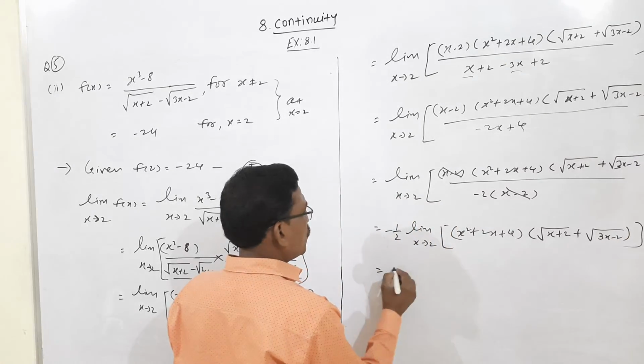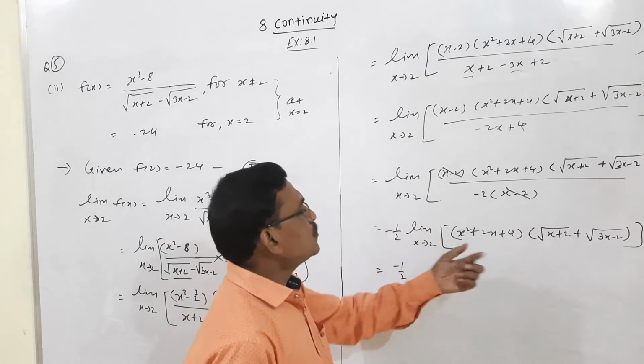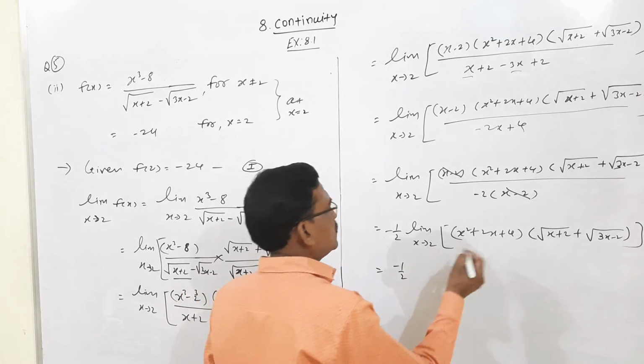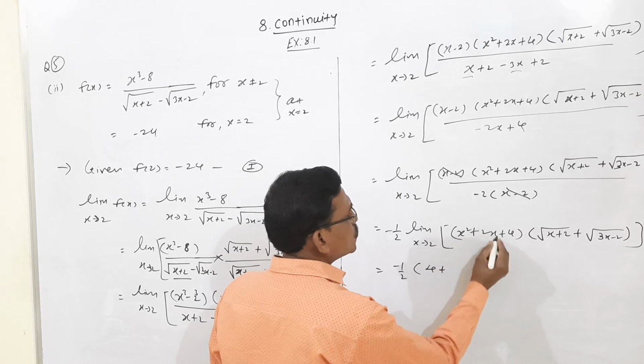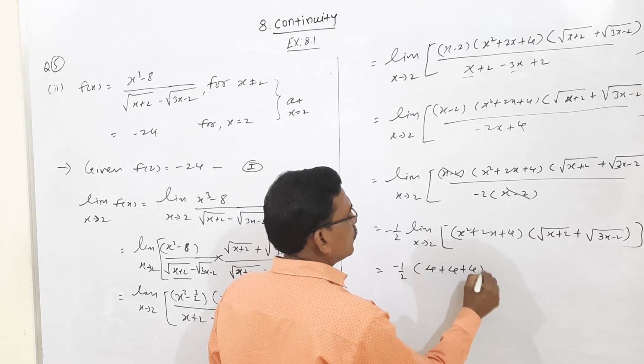And so we apply the limit to the whole function. Directly, 2 square is 4, plus 2 times 2 is 4, plus 4.